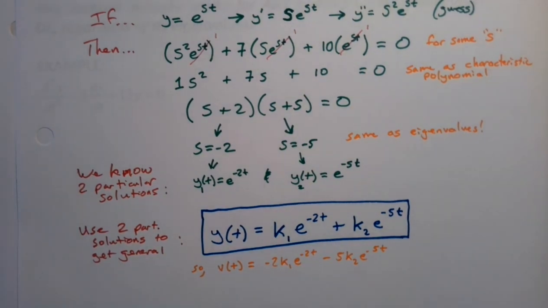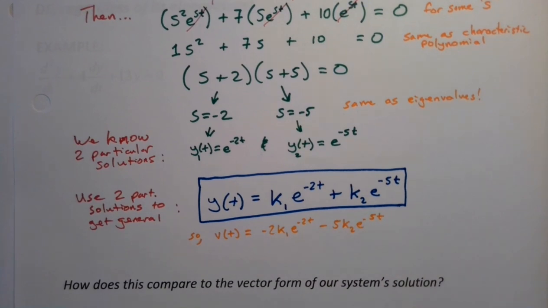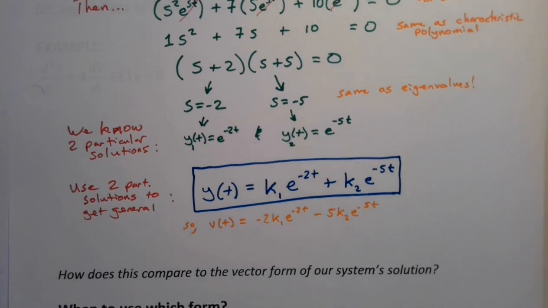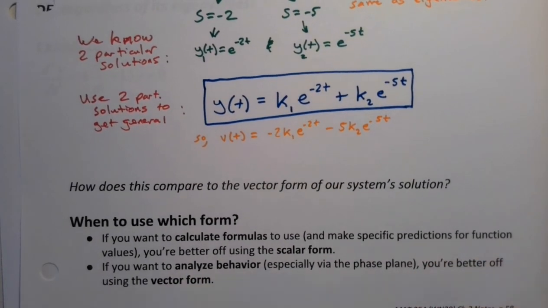How does this compare? Well, this scalar solution is, personally, I think it's easier to get to. So we don't have to mess around with turning everything into matrices. We can just use this lucky guess trick. So at the bottom of this page, you'll see it kind of spells out when do you use which form.